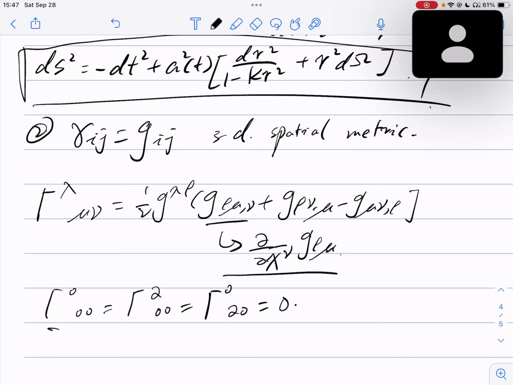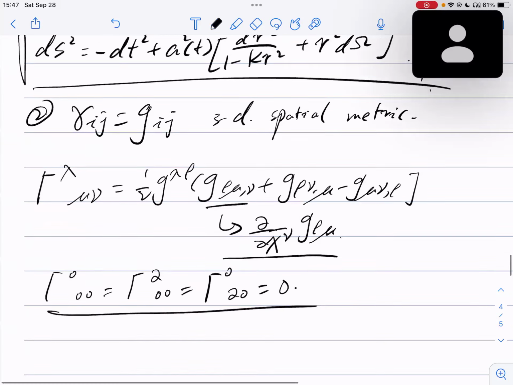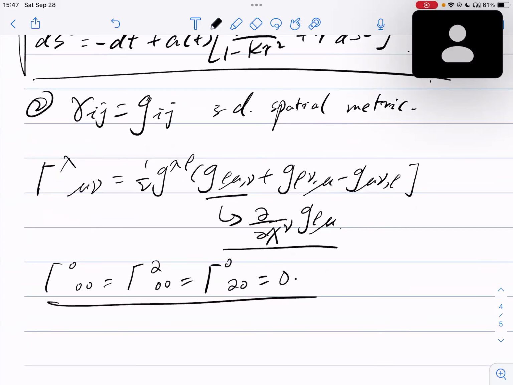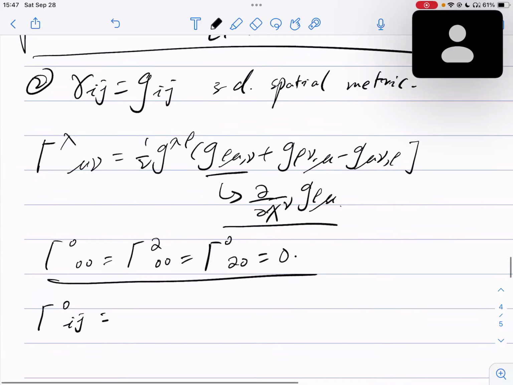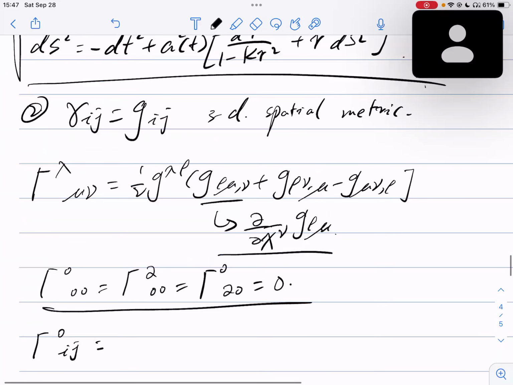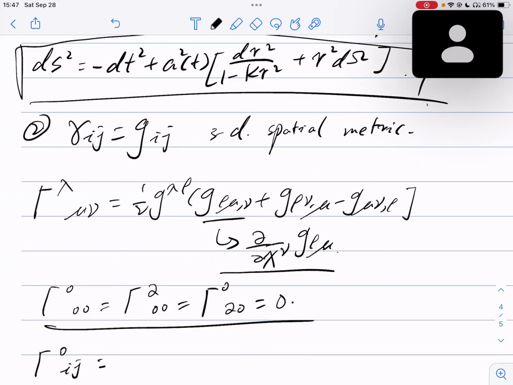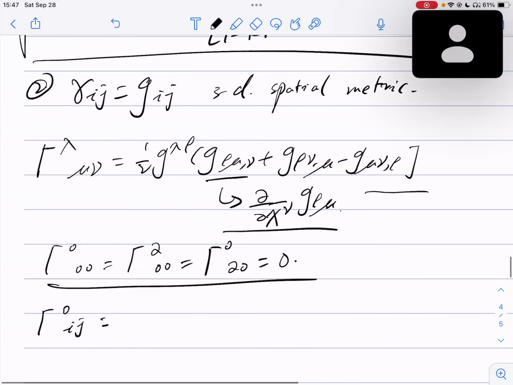Yes, it can be verified easily. Okay, and so we need only calculate the three different cases. The first one is gamma 0 ij. If you just substitute the FRW metric into this expression, you will easily obtain that it equals a times a dot times gamma ij.